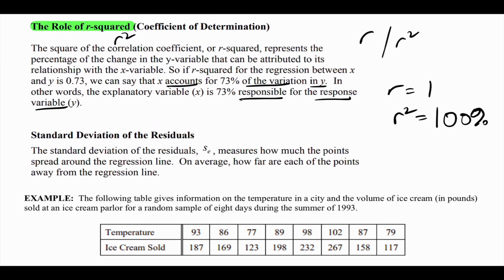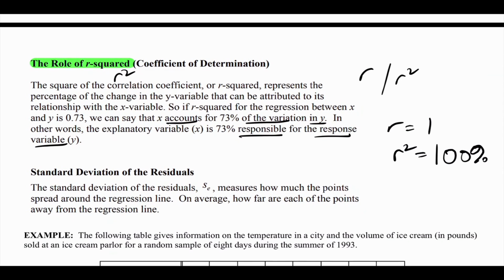Right? A 1 would look like this. Everything lines up perfectly. So I would say 100% of the reason why the response is happening is because of the explanatory. There's no other reason why it's happening. This is happening because of this.